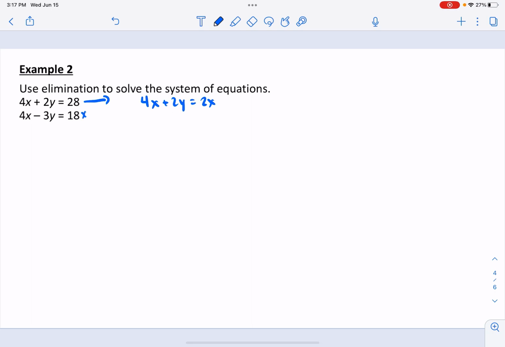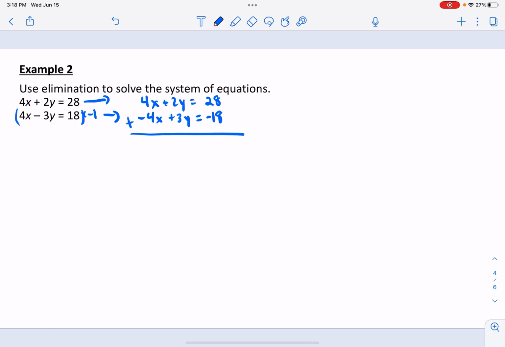I'm going to multiply this one by negative 1. So I get negative 4x plus 3y equals negative 18. I just realized I wrote a 2x there. That should be a 28.